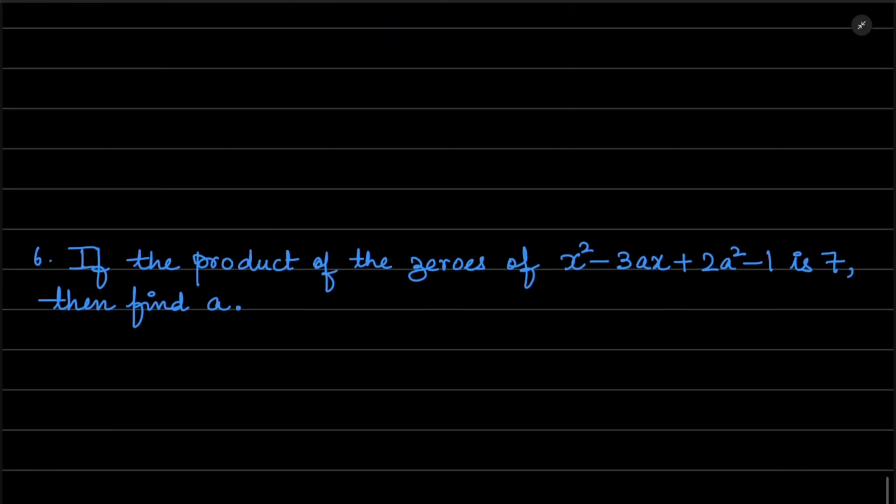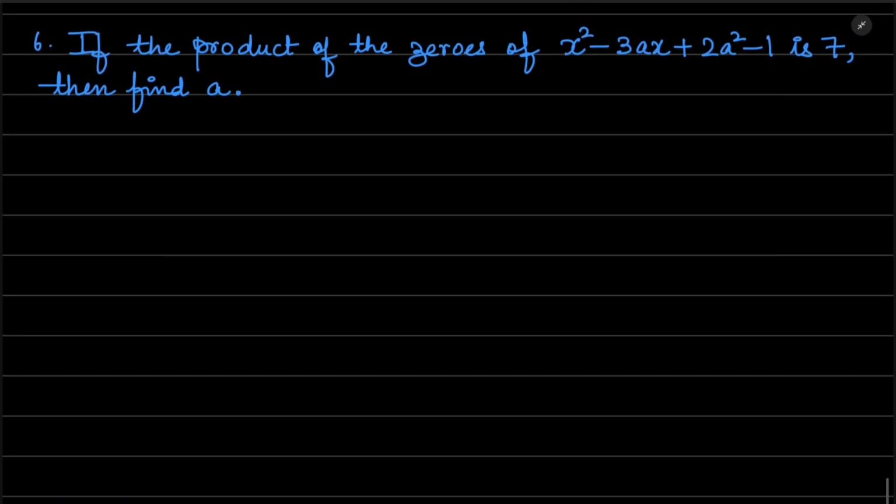Let's move on to the next question. If the product of the zeros of a polynomial x square minus 3ax plus 2a square minus 1 is 7, you are given the product of the zeros, that is alpha into beta. Then find a. Again, a very, very easy question. Let's start by writing what is the polynomial. So let your p of x be x square minus 3ax plus 2a square minus 1.